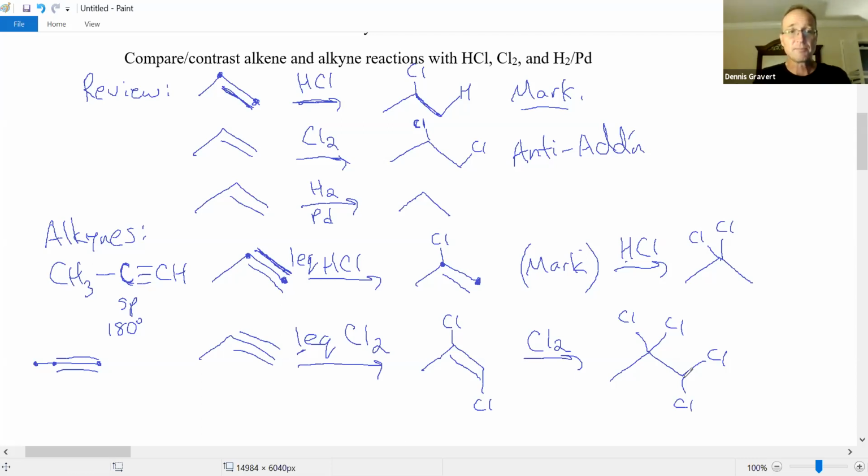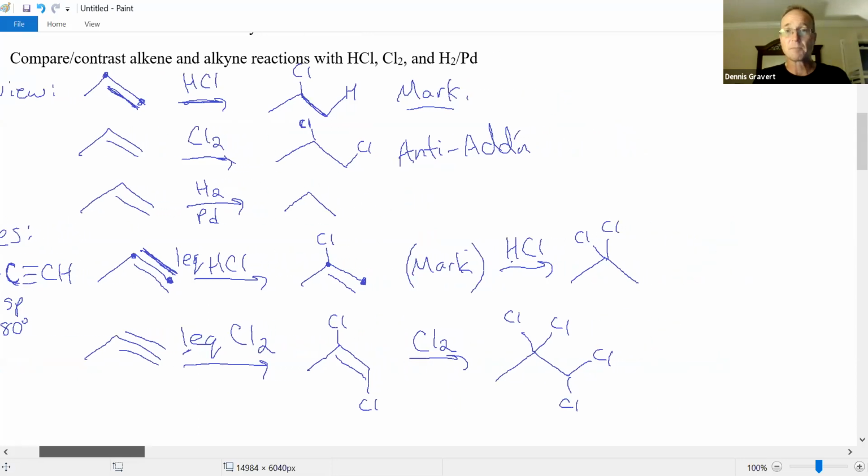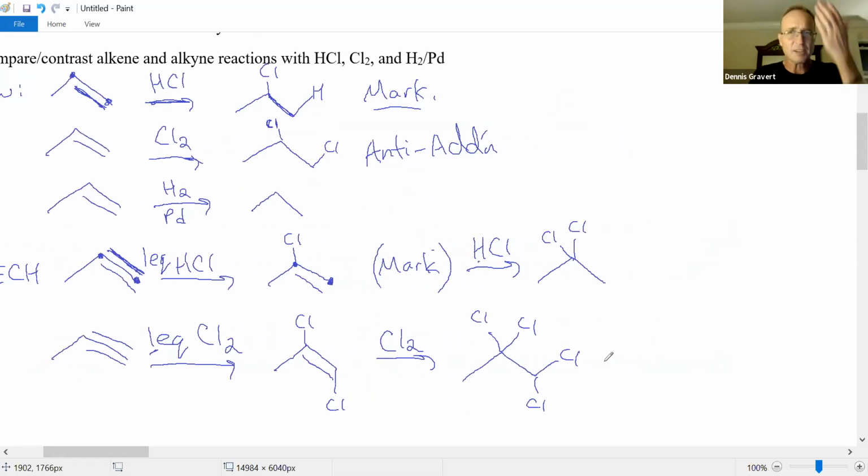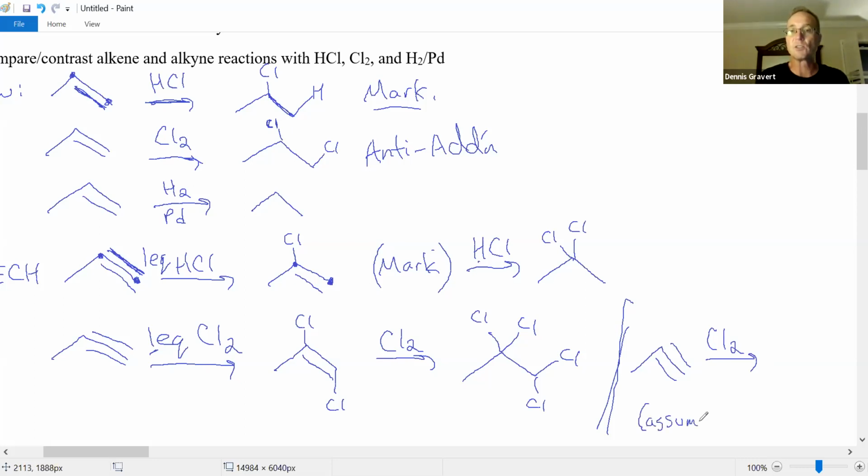Oh, by the way, if you're writing an exam answer, or for whatever reason, maybe a homework problem, and you don't want the alkene intermediate as a product, you don't want to stop here, and you want to go from the triple bond all the way to the molecule with 4 chlorines, you can just do it in one step. You can say, take that triple bonded molecule, add Cl2, and remember, we're going to assume we're using an excess.